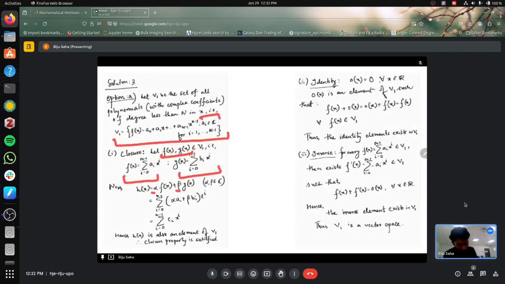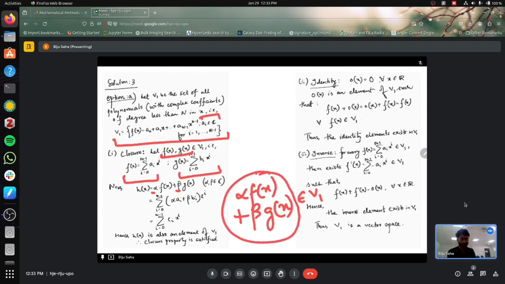If this particular thing, alpha f(x) plus beta g(x), also has the same form as V1, that is, it is again a polynomial with complex coefficients and degree less than n, then it is again an element of V1.